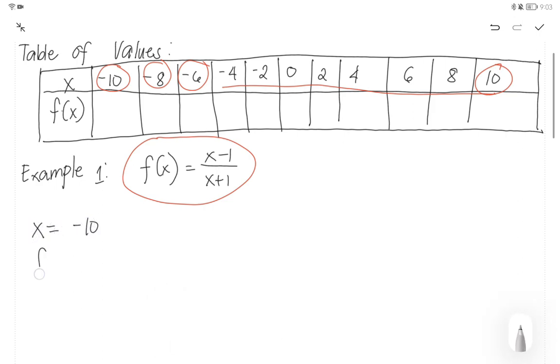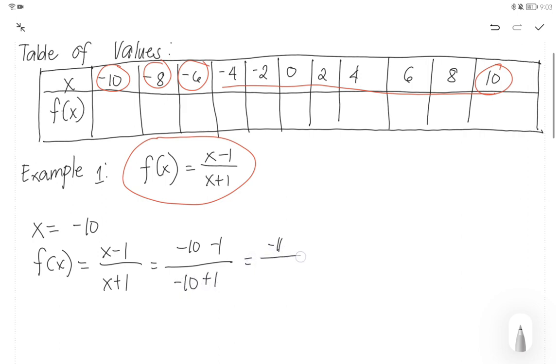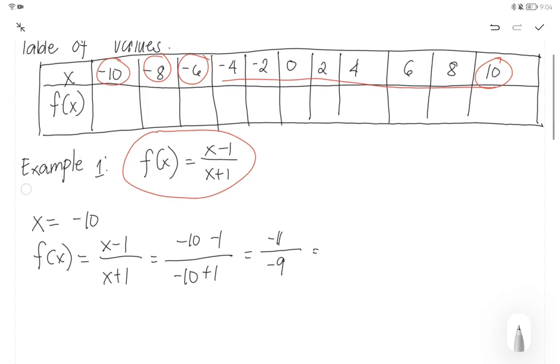So f of x is equal to x minus 1 over x plus 1. This becomes negative 10 minus 1 over negative 10 plus 1. This becomes negative 11 over negative 9, which is positive, that is 11 divided by 9.